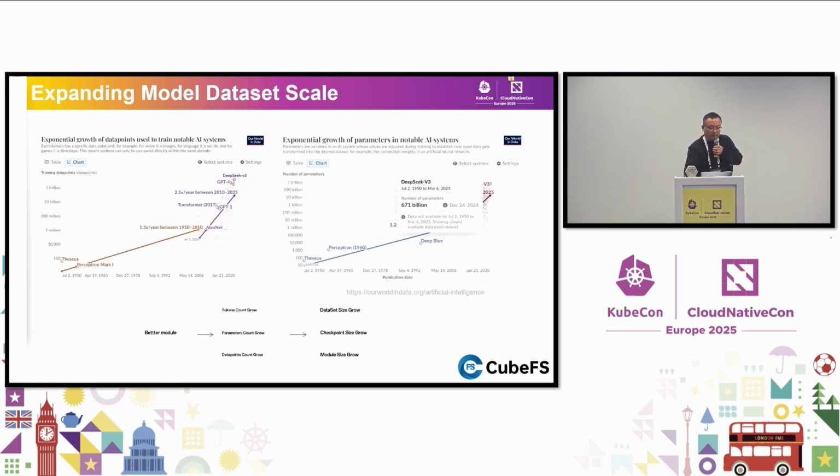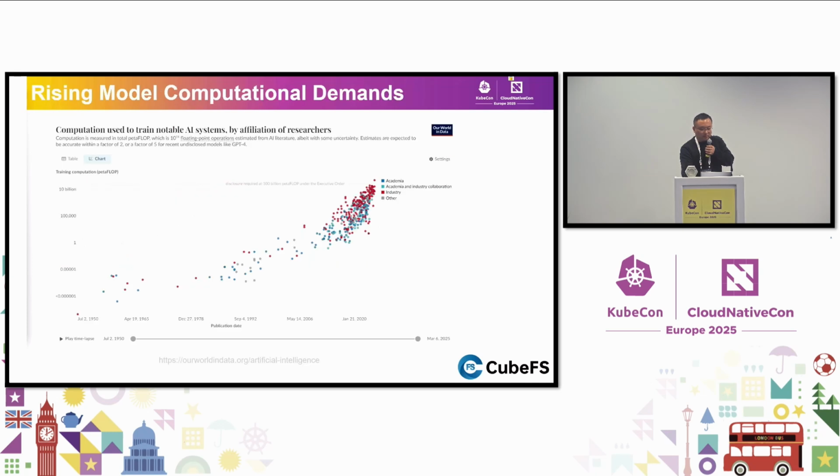Just as the last page introduced, to improve the model performance, a large number of parameters are used, and it also requires a lot of computational resources. As this picture shows, the computation consumption of the model has been rising rapidly in recent years, especially during the training process of large models.